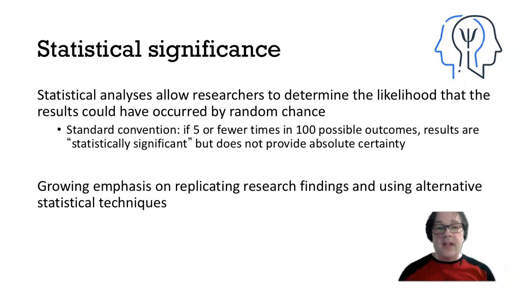For a jury, they have to be at least 95% sure this person did it. They don't have to be 100% sure. For us, we have to be at least 95% confident that our results weren't due to chance alone. We don't have to be 100% confident, though.